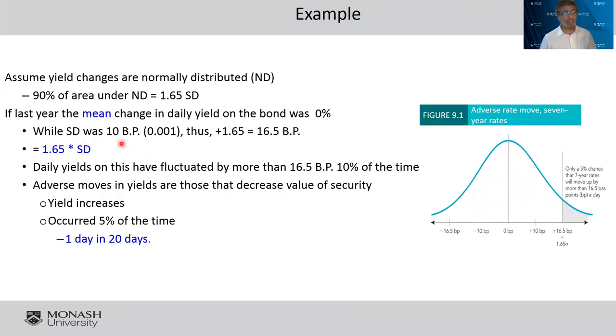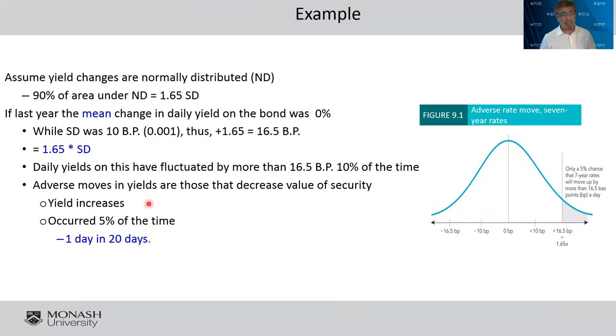While the standard deviation was 10 basis points, this area goes up to here, and the change in percentages will be 1.65 times the standard deviation. This tells us the daily yield has fluctuated more than 1.65 standard deviations 10% of the time, which is 5% here and 5% here.